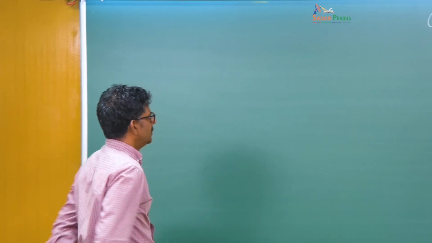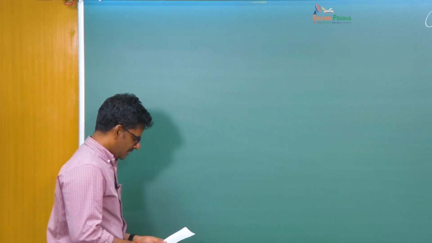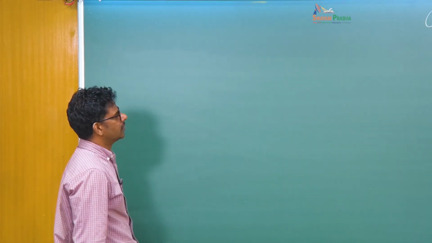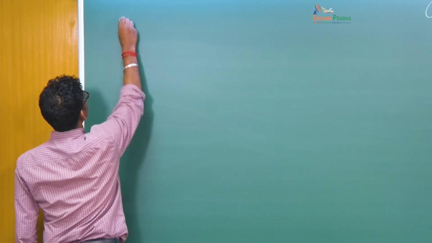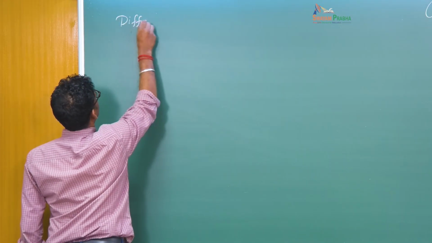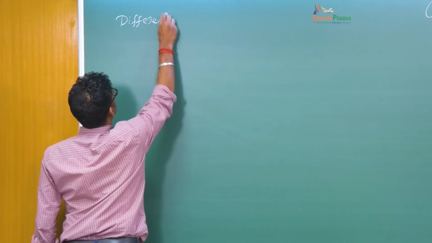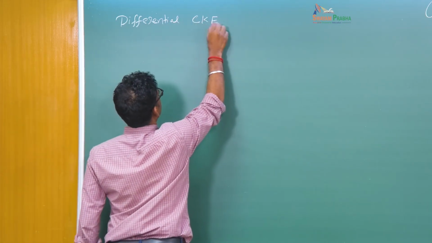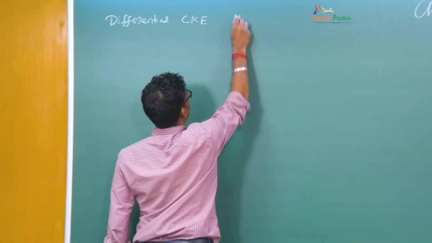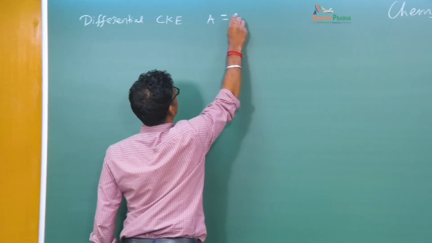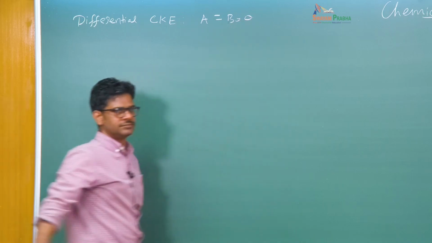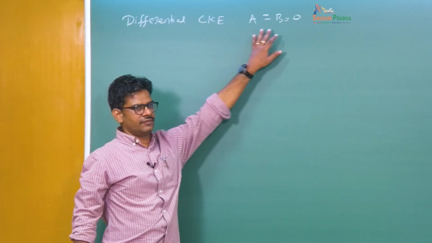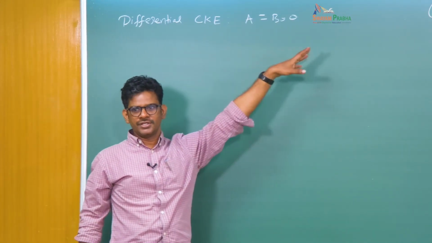So first we will start with the differential Chapman-Kolmogorov equation, and then we will set the characteristic functions A and B to be 0. When A and B are 0, we remove all the continuous Markov process.